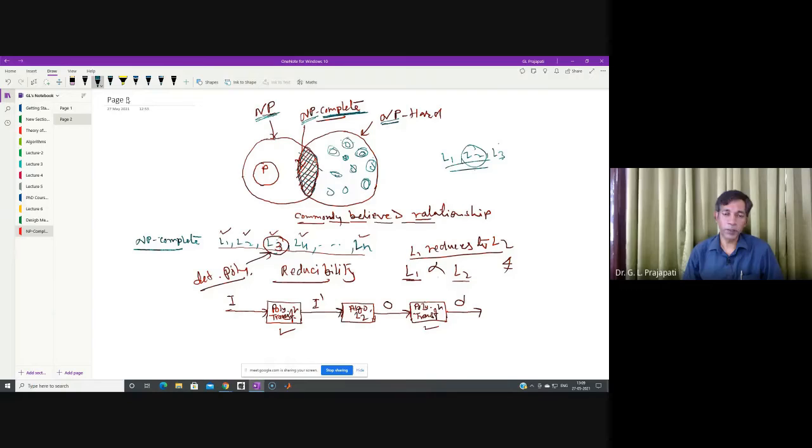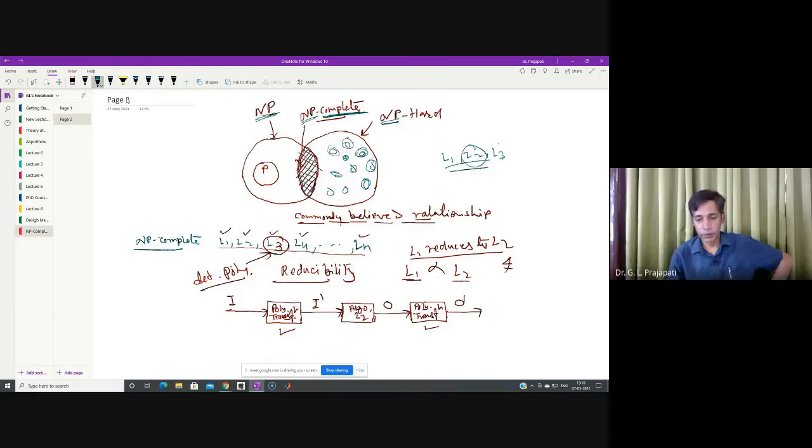Some harder problems of NP come in NP-complete. In the NP-complete group, we have the special characteristic that if you can solve one problem, you are able to solve every other problem. So every problem reduces to every other. In NP-hard, if you can solve one problem, you can solve all other NP-complete problems, but you may not be able to solve other NP-hard problems. So this is the relationship between NP-complete and NP-hard.